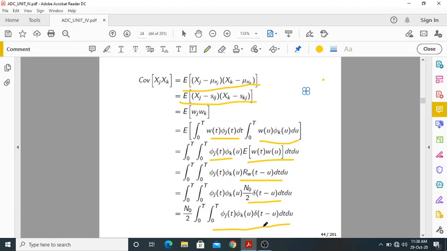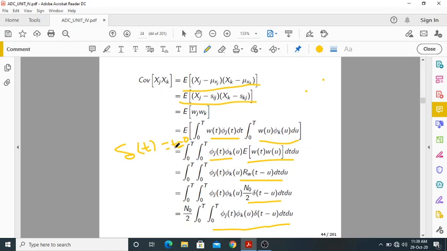Obviously, you take one integration. This is non-zero if and only if t equal to u. If t is not equal to u, this delta function will be 0 and everything will be 0. Why? Because you know already delta of t is defined only when t equal to 0.